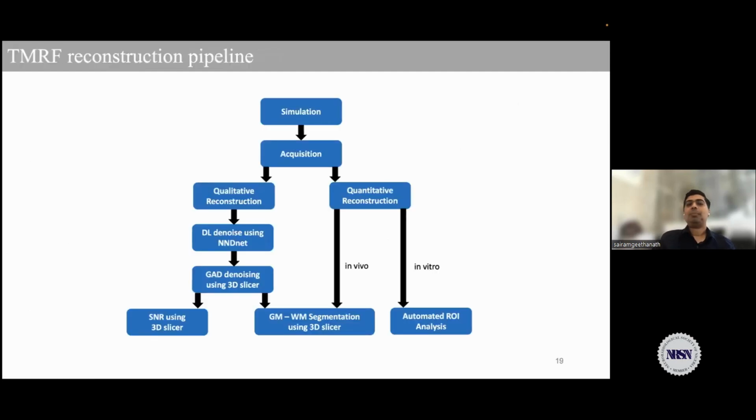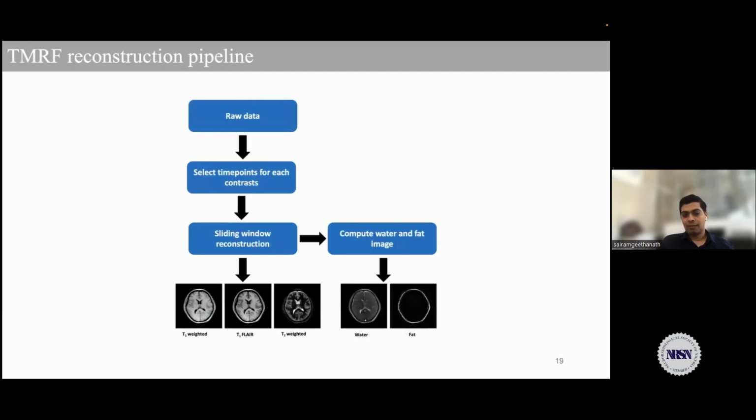So our pipeline comprises not just qualitative reconstruction, but also quantitative reconstruction. First I'll talk to you about qualitative reconstruction and show you some images. The idea was to get the raw data, then select the time points based on the curve that I showed you, perform sliding window reconstruction, and generate these different images. These are all representative images.